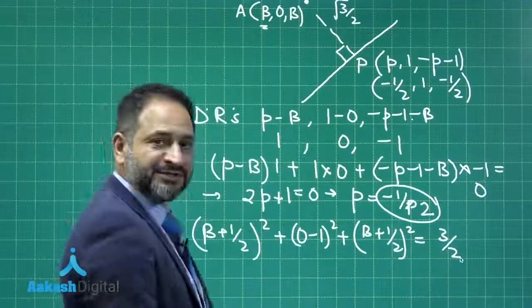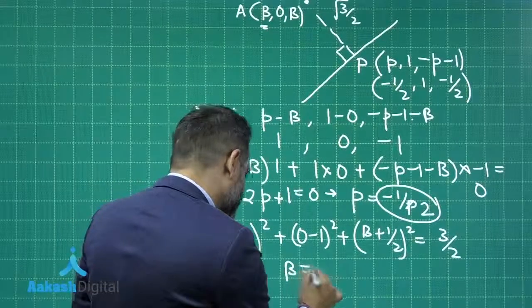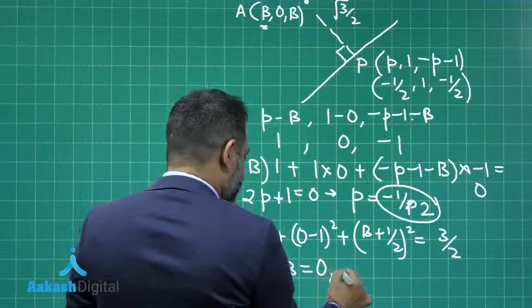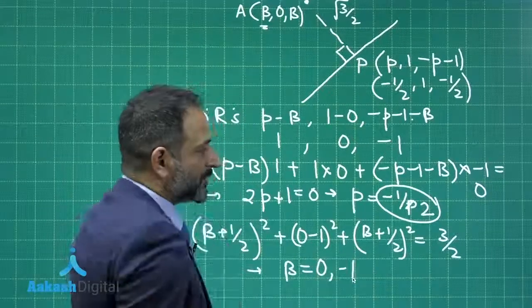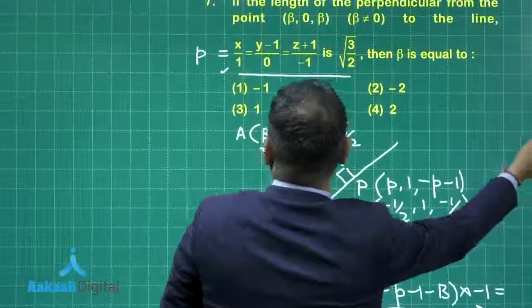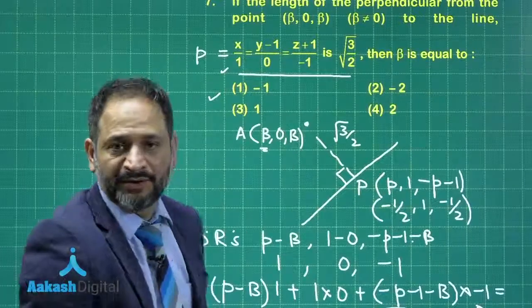Now, calculating the value of beta from here, this will give you beta will be equal to 0 or minus 1. So, let us see which option is correct for us. The option which is correct is option number 1.